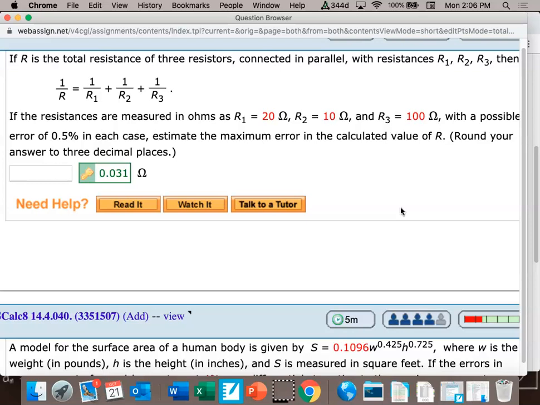If the resistances are measured in ohms, R sub 1 is 20, R sub 2 is 10, R sub 3 is 100, with a possible error of 0.5% in each case. Estimate the maximum error in the calculated value of R. Round your answer to 3 decimal places. So, see what you can do with this.